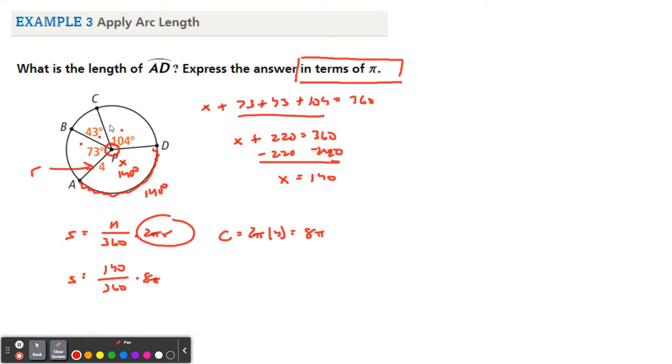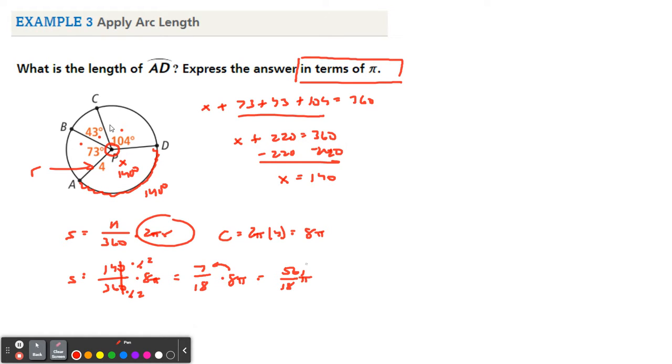All right, so we need to simplify this. Let's simplify this fraction first. We can cross off the zeros. And then I know that 14 and 36 are both divisible by 2, so let's divide by 2. So I get 7 over 18 times 8 pi. I think 7 and 18 are done being simplified, so then this 8 goes to the top, right? Multiply 7 times 8, you get 56 over 18 pi.